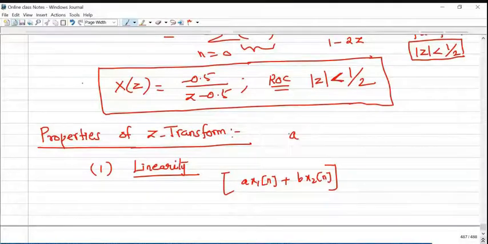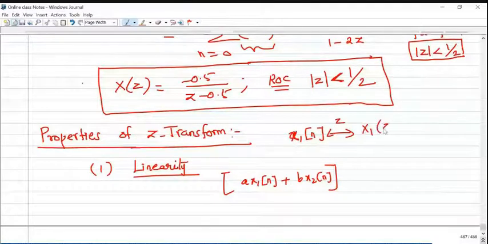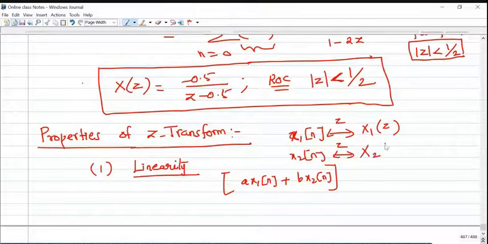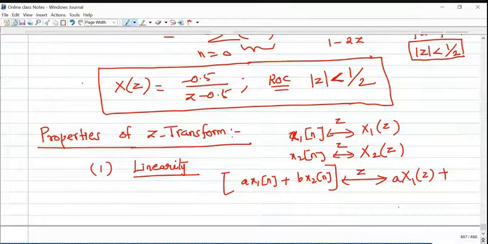Suppose x1 of n, Z transform result is x1 of Z. x2 of n, Z transform result is x2 of Z. Then a x1 plus b x2, where a, b are constants, your answer will be equal to a x1 of Z plus b x2 of Z. It's the linearity property.